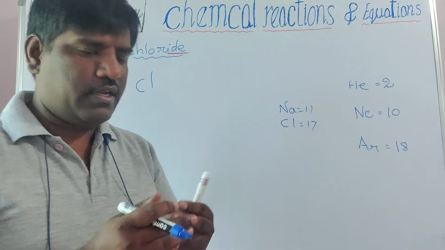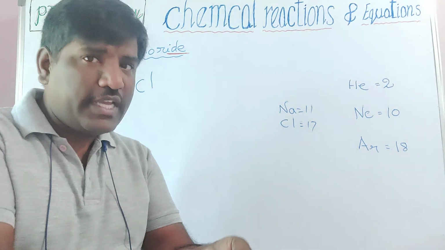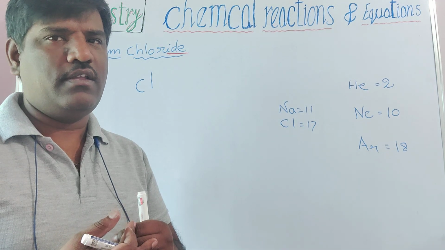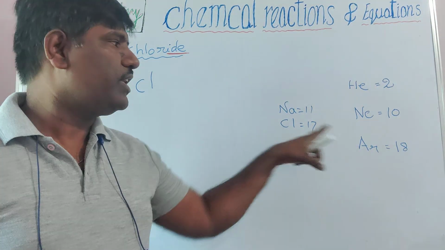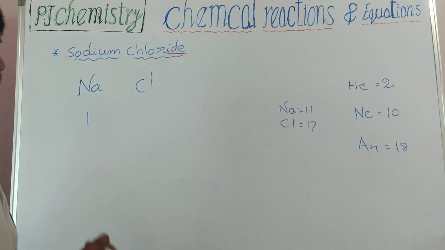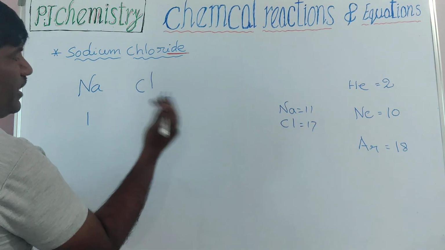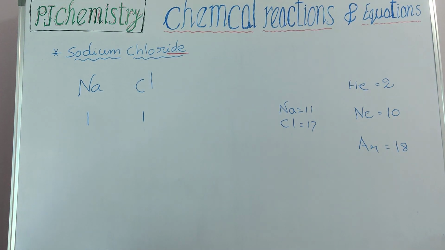So chlorine wants the stability of argon, which means chlorine should gain 1 electron. Already 17 electrons are there; if it gains 1 electron, it will get the stability of argon. So the number of electrons gained is 1, and 1 is the valency.